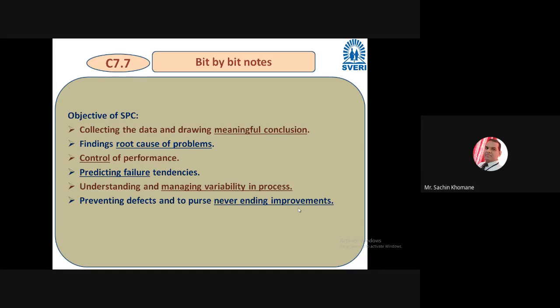You may have to investigate maybe 2 days, 3 days, or sometimes, if very genuine issues are there, maybe immediately within 1 minute you have to find out the root cause. Friends, if you want to find out the root cause anywhere in the industry, especially in the quality department, the SPC tool is very, very effective. So I have told one simple example. I hope you understood this objective.